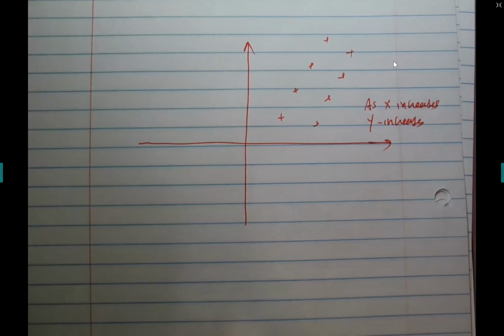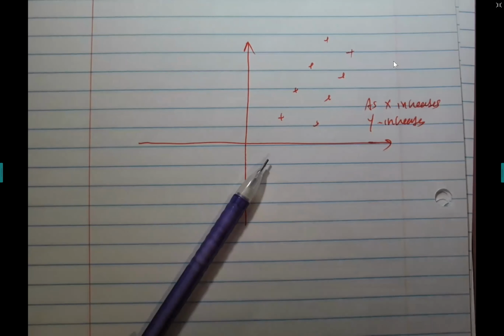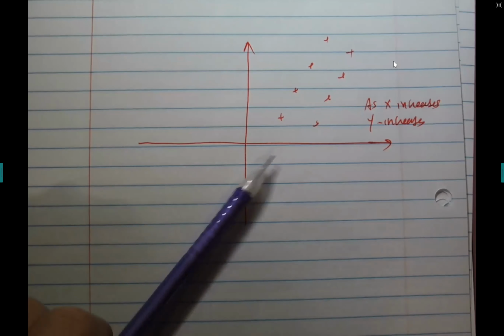If I ask you guys to draw a line that fits those points, where would your line be? Can someone tell me? If I could share the screen, I would have asked you to annotate with me. There's the pencil. How would I draw the line? Would it be this line?